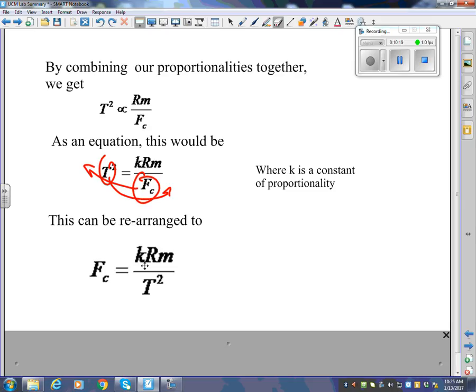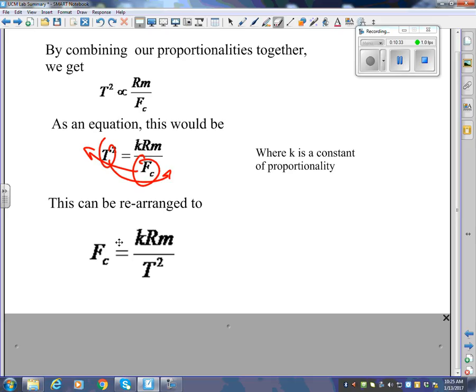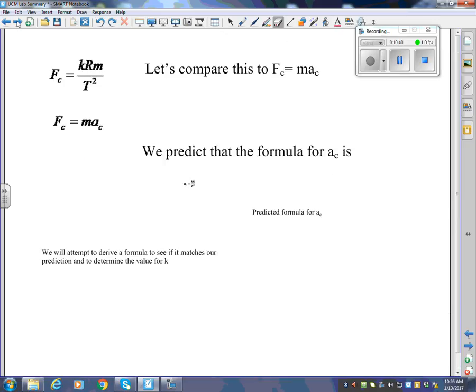Don't worry about duplicating it. Just sit back and be happy you can sort of kind of follow along. I'm just showing you where it comes from. Okay?